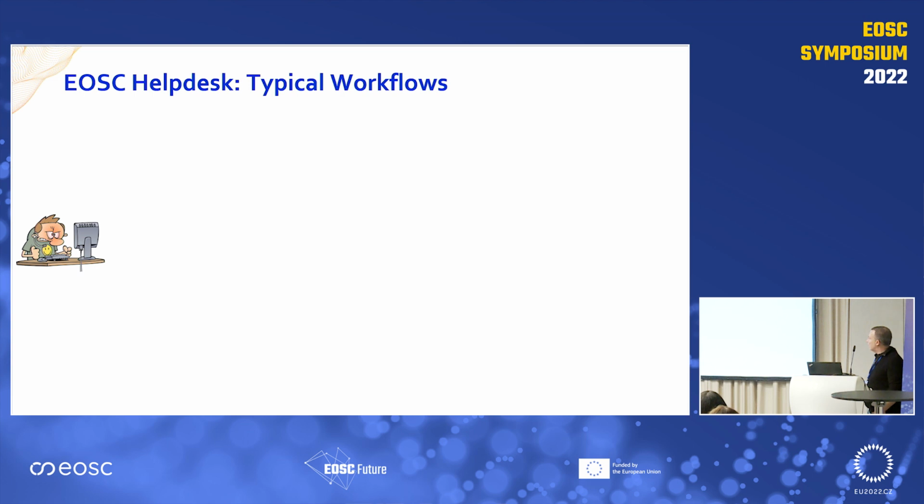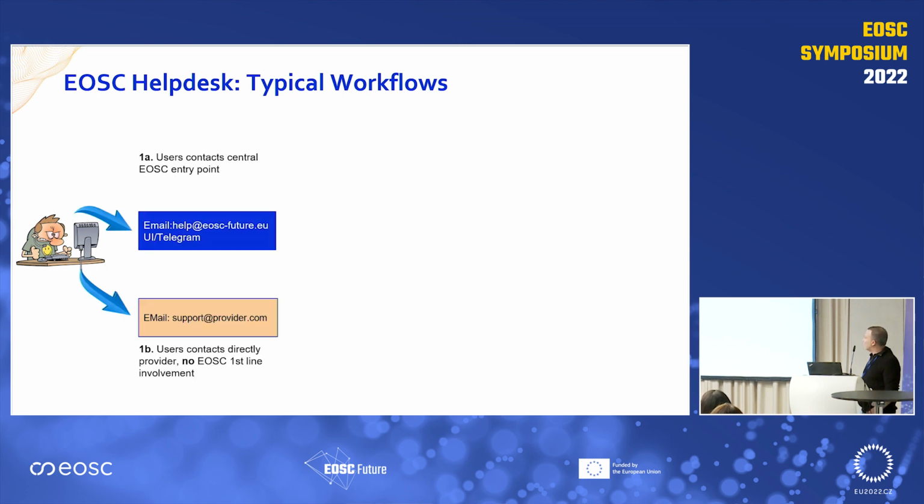And if I may go through the typical workflow, although it's quite simple, but nevertheless, the user has the problem, the user is angry, and it depends on where the problem is.